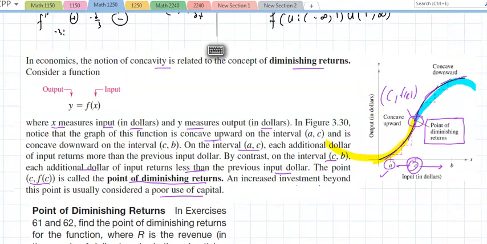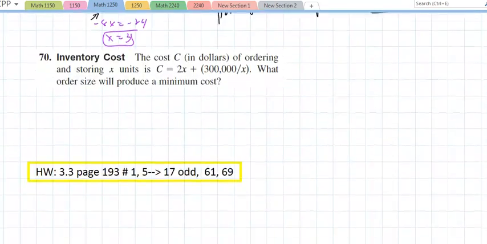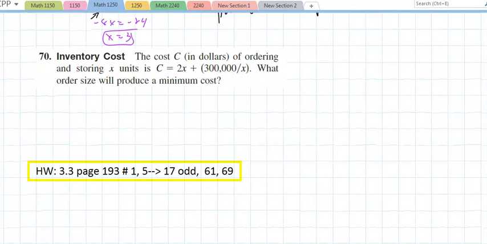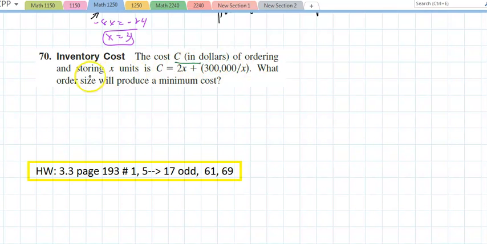And one more to go. If I wanted to do inventory cost, the cost in dollars of ordering and storing x units is given by this equation. What order size will produce the minimum cost? You want to minimize your cost always and maximize your revenue or profit.